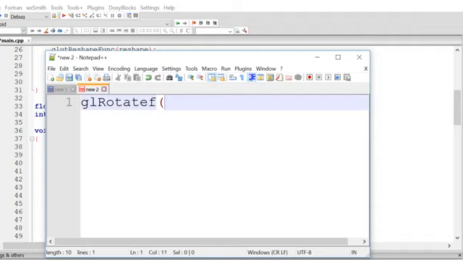The first argument is the angle. All 4 of these are actually float values. The second argument is the x coordinate of the vector, the third is the y coordinate, and similarly the fourth argument is the z coordinate. And these three coordinates specify the direction of the vector along which the rotation will take place.